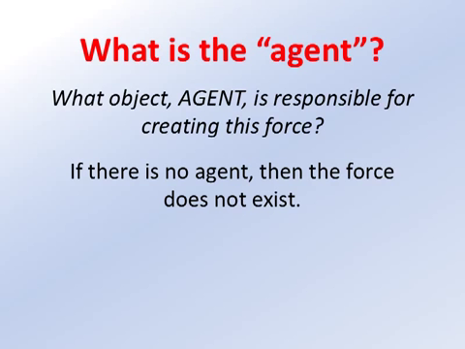So one of the things I want you to do is remember this question: what is the agent? If you have doubt about whether or not a force is acting on an object, then ask, what is the agent? What is the agent responsible for creating this force? And when I say agent, I'm talking about what is the object that is creating this force.